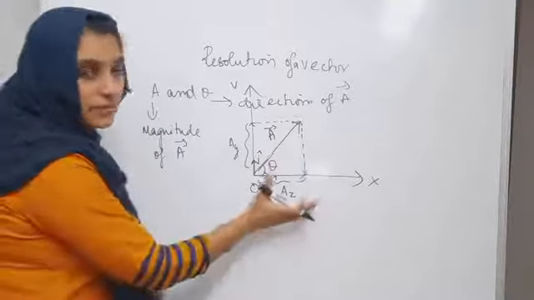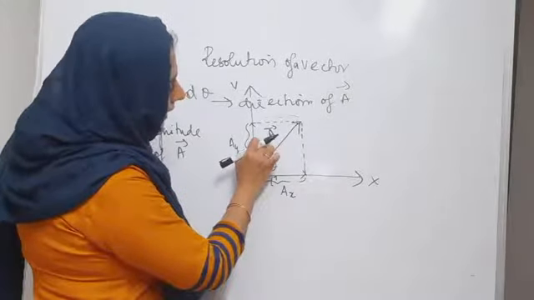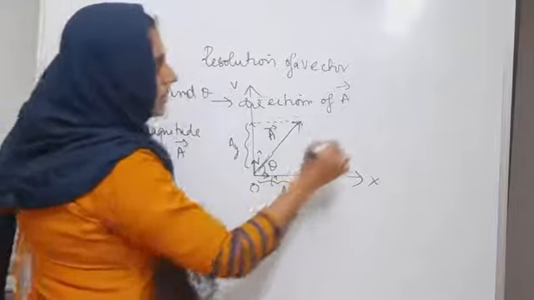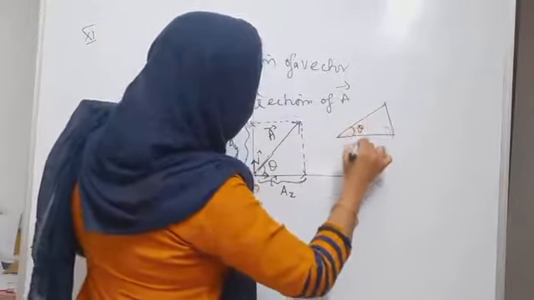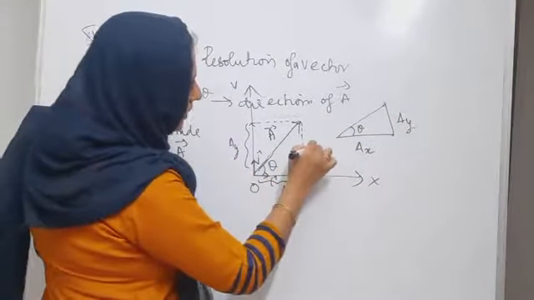You just look at this figure, study it closely. You can see that theta is the angle made by a with respect to the x-axis. Then what is ax? According to this right angle triangle, you can see this as theta, this as ax, and this as ay. Isn't it? If this is ay, this is also ay.